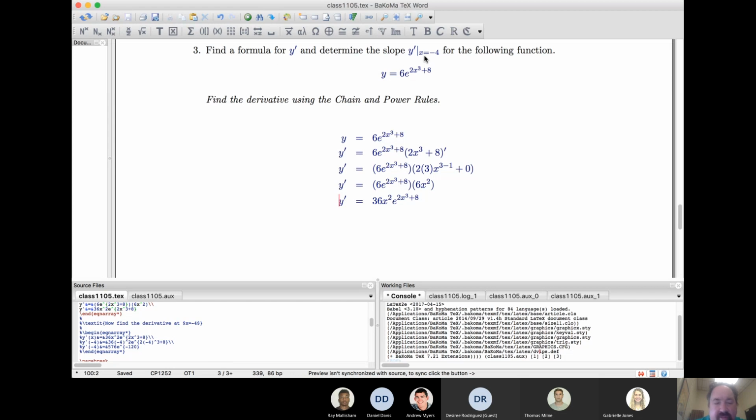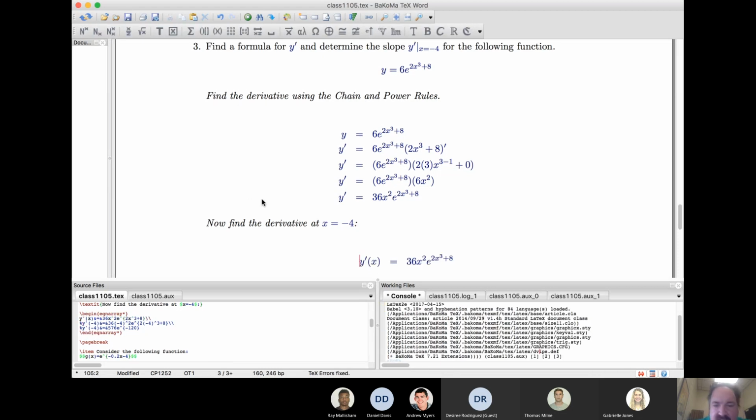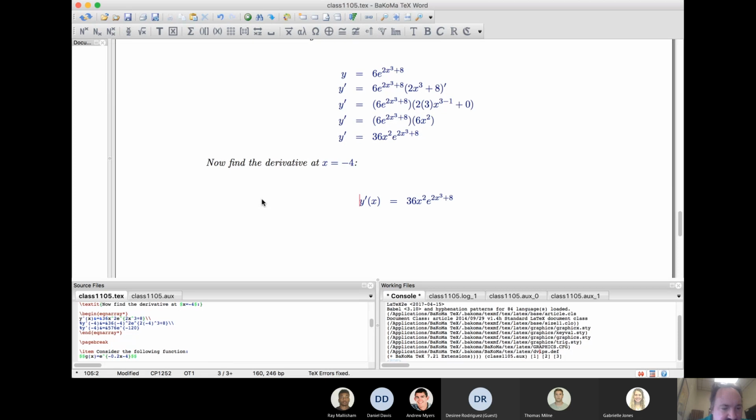Now we need the slope at x equal minus 4. So now we substitute x equal minus 4 into this expression. All right, so here's throw in minus 4 here.